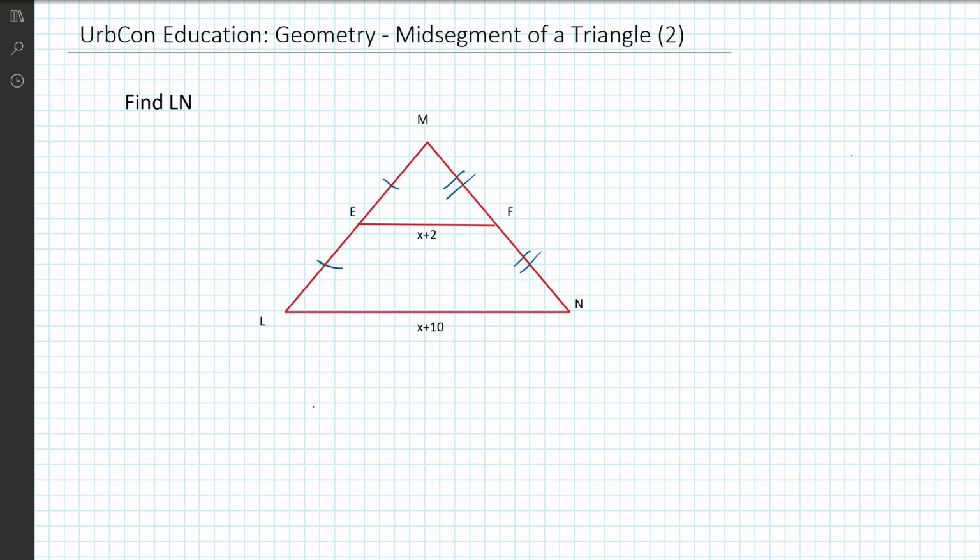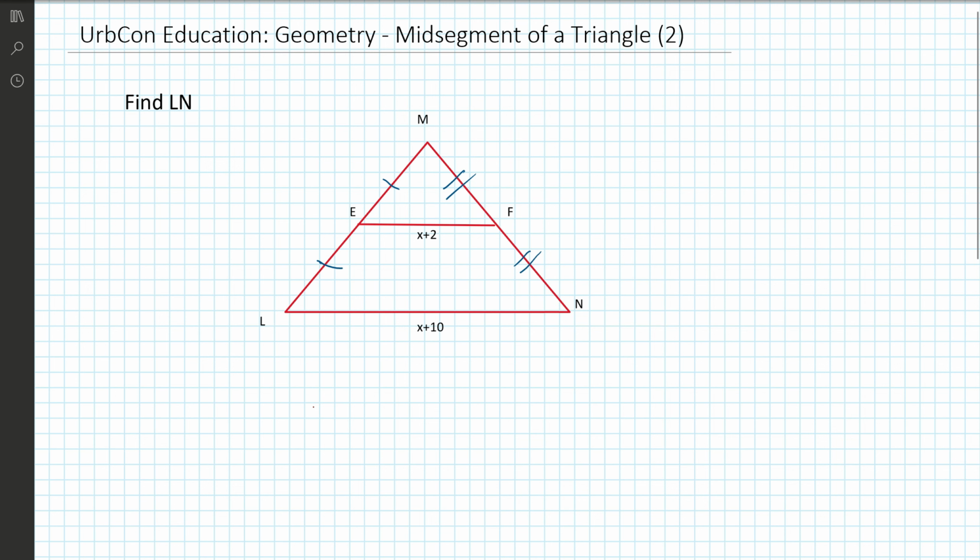So in our first example, we have triangle LMN. In triangle LMN, we have LE being congruent to EM. We also have MF being congruent to FN.